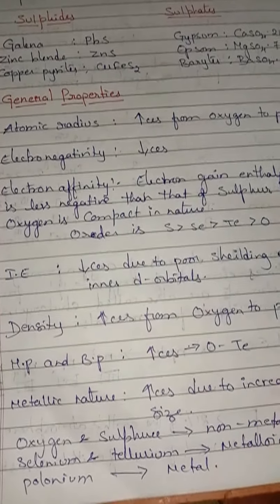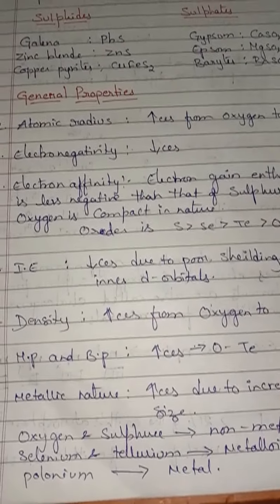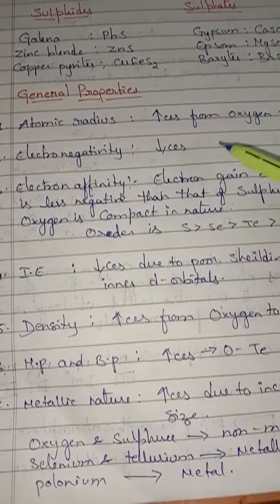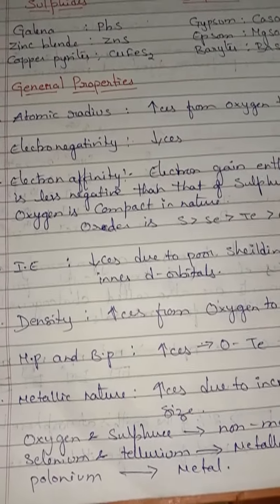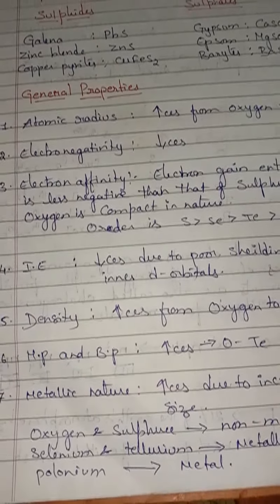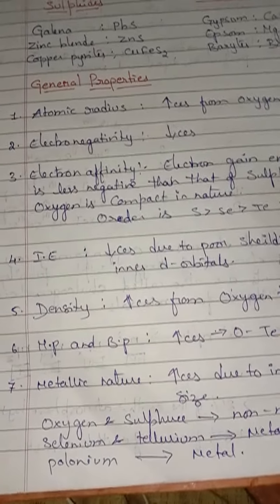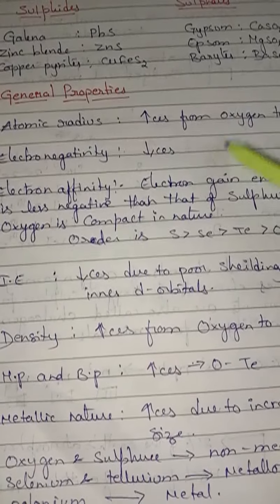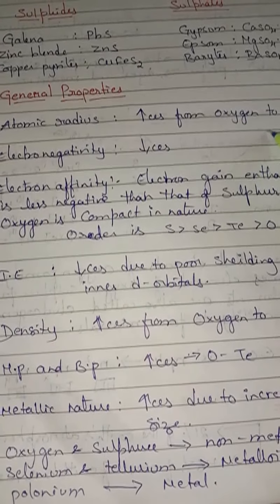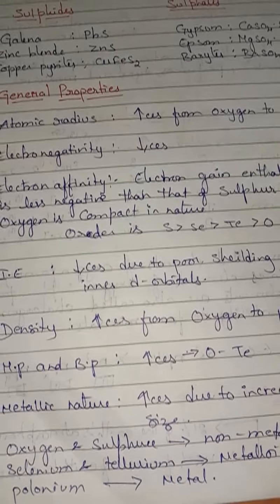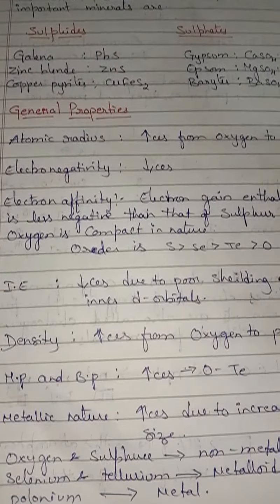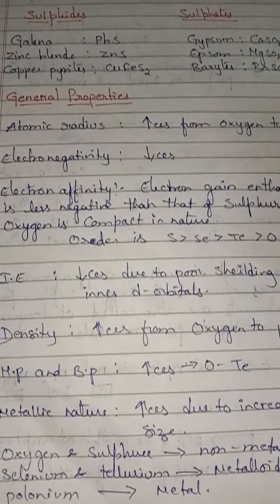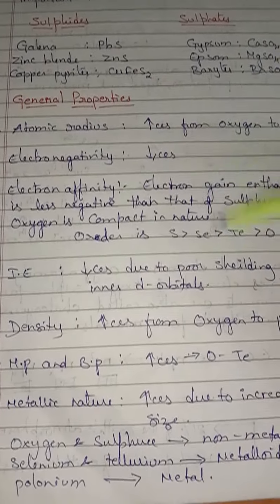When it increases, it is very easy to pull away the electron from the nucleus, right? It requires less amount of energy to take away this electron. So that is why the electronegativity decreases down the group.